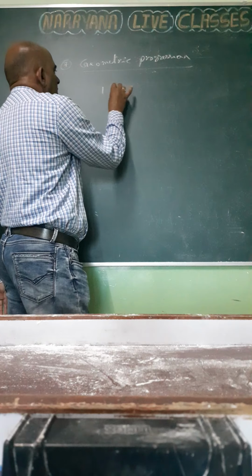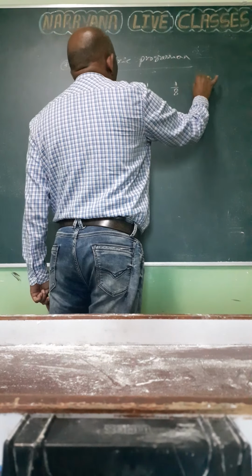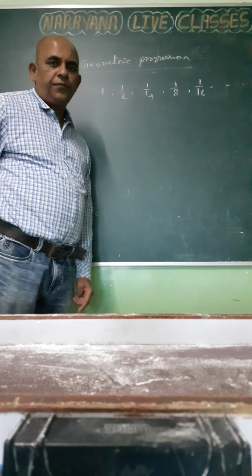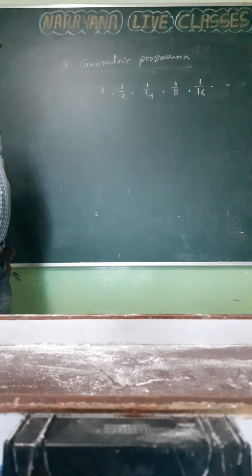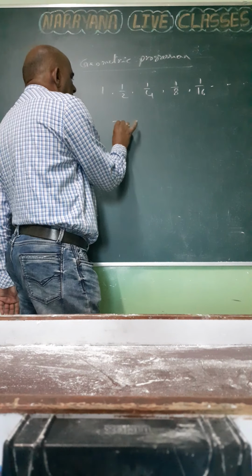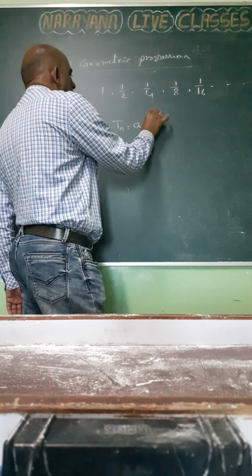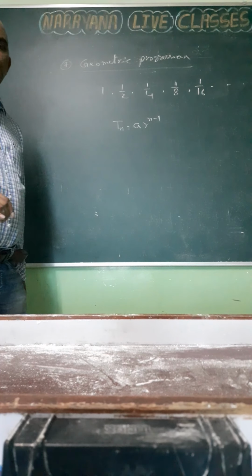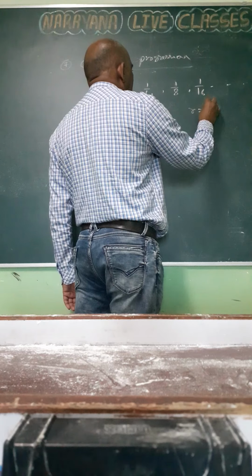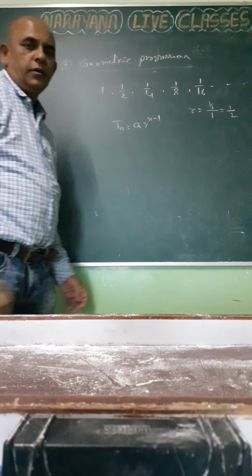For example, 1, 1 by 2, 1 by 4, 1 by 8, 1 by 16, etc. This is called GP. Then the nth term Tn is equal to a into r power n minus 1, where r is the ratio of the second number to the first number, that means 1 by 2.